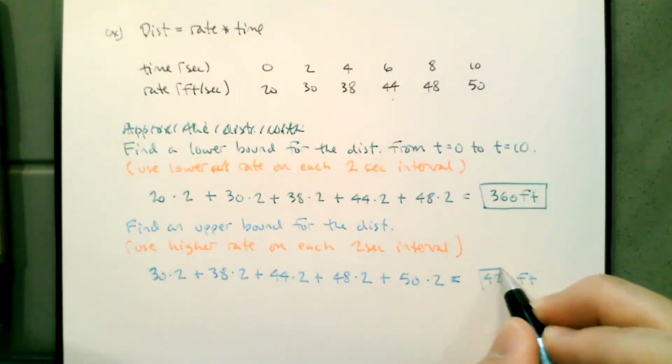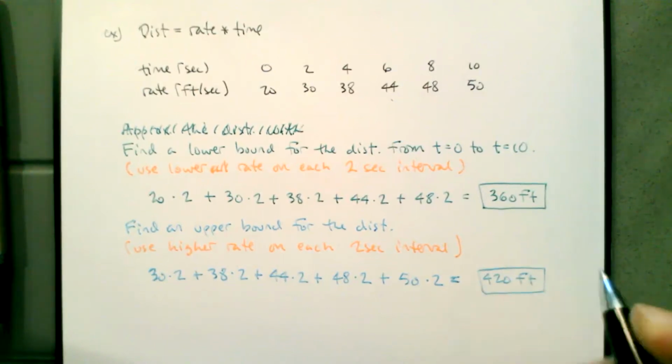The actual distance traveled must be somewhere between 360 and 420 feet. 360 because we were using the lowest value of the rate on each 2-second interval, and 420 because we were using the highest rate on each 2-second interval.